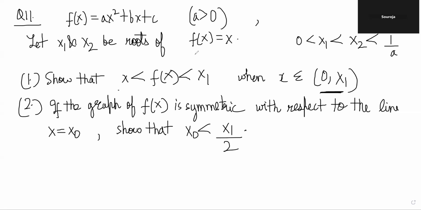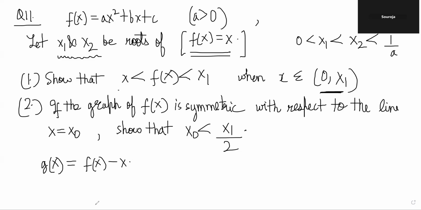So one hint I can give you: they have said x1 and x2 are roots of this equation. So we can define a new function g(x) as f(x) minus x.